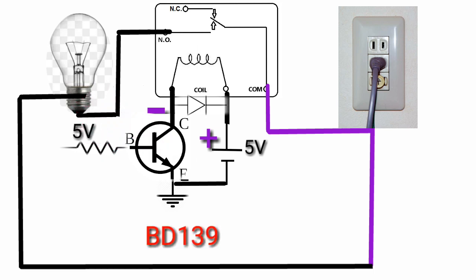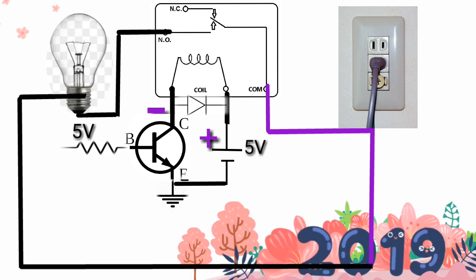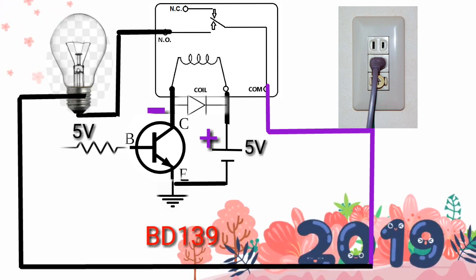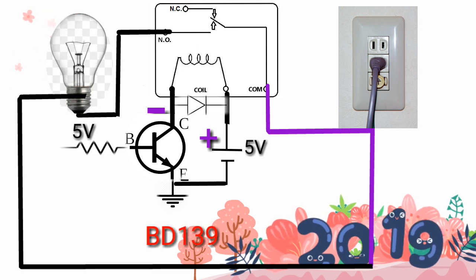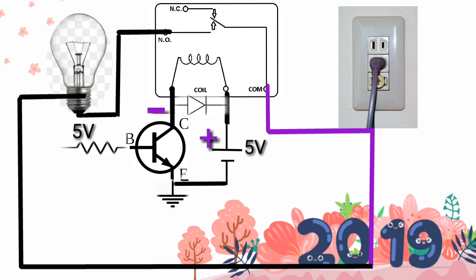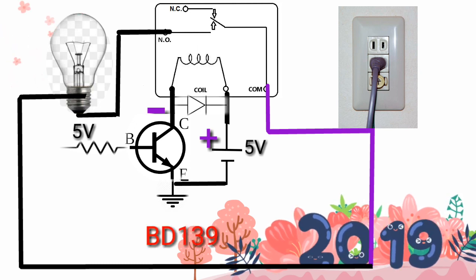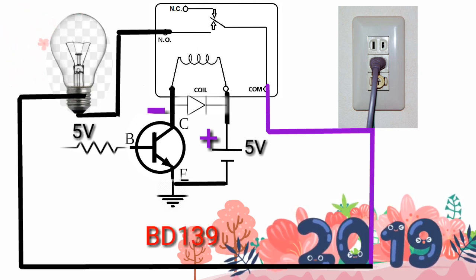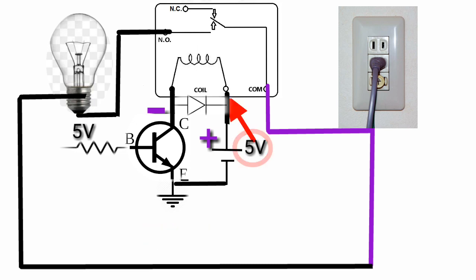Before we calculate, let me inform you about the rated value of each component used in the circuit. The rated voltage of the relay switch is 5 volt and the power is 0.36 watts.